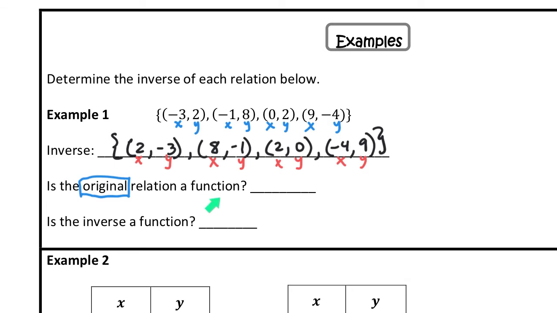And so in order for a relation to be a function, we need to check one thing. So I'm going to write kind of a rule here.